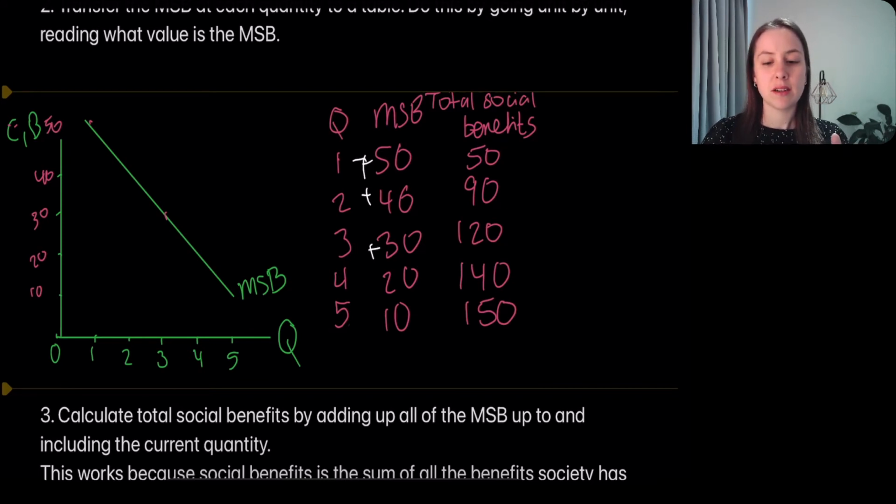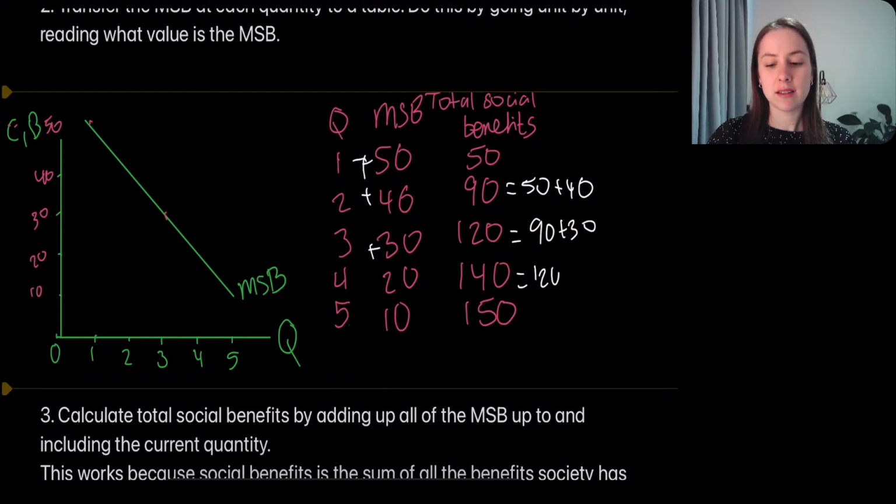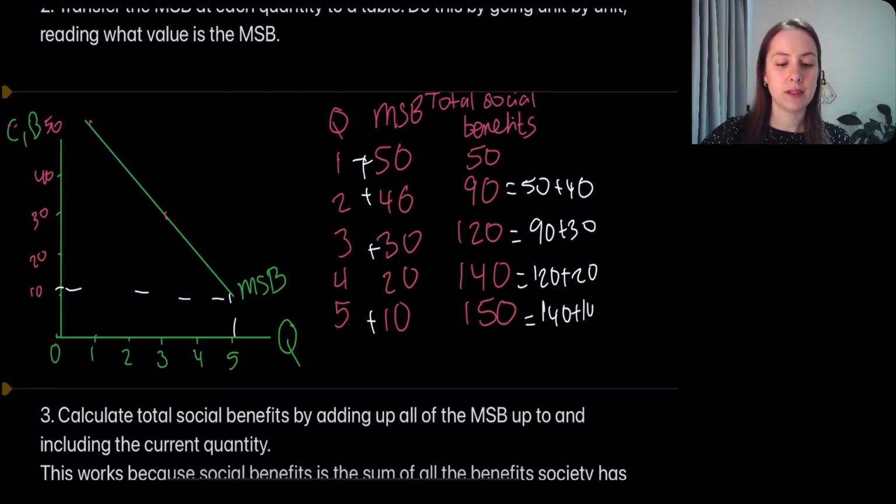That second unit has now added 40 onto this, so it's 50 plus 40 gives you 90. That third unit has added another 30, so it's 90 plus 30, 120 plus 20. And that final fifth unit added 10 benefits onto the previous total, which was 140, giving you 150.